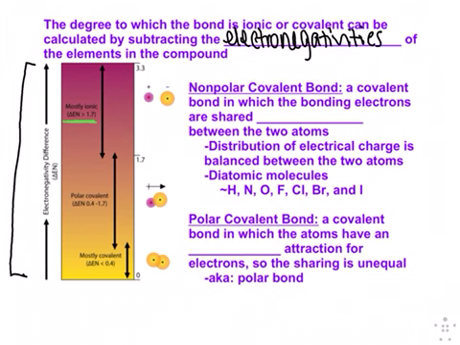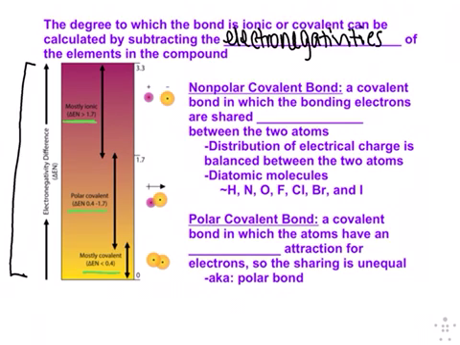If it's 1.6982, that works as 1.7. Rounding is completely acceptable in this case. Polar covalent bonds have an electronegativity difference of 0.4 to 1.7. And mostly covalent bonds will have a difference in electronegativities of 0.4 or smaller.